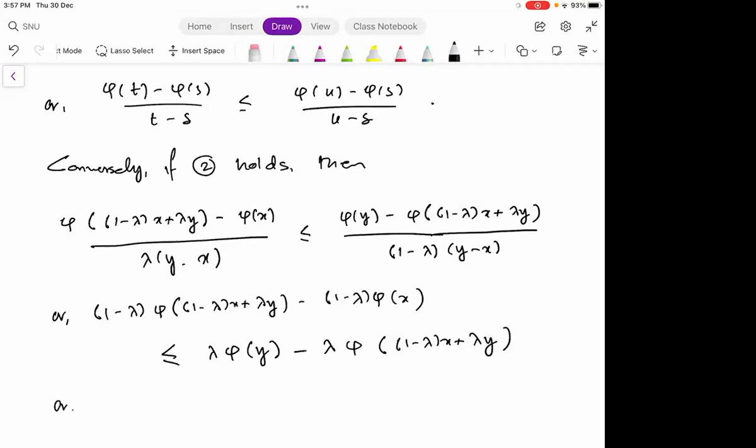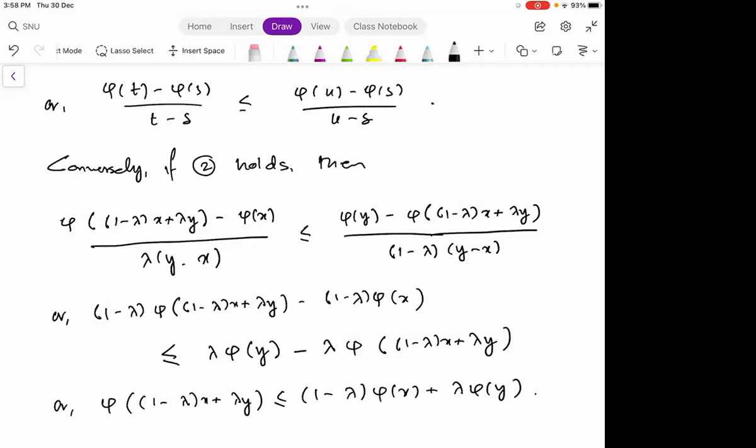So finally, after some cancellations, that proves phi is convex.